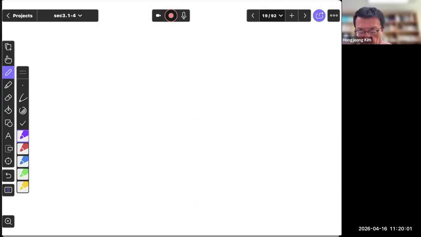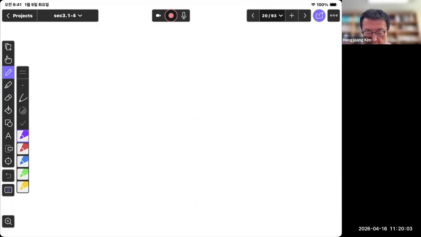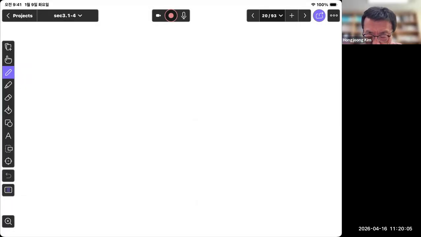Before we go to the next part, let me summarize. Given T, what is the rank of T? That is representing the dimension of the range.